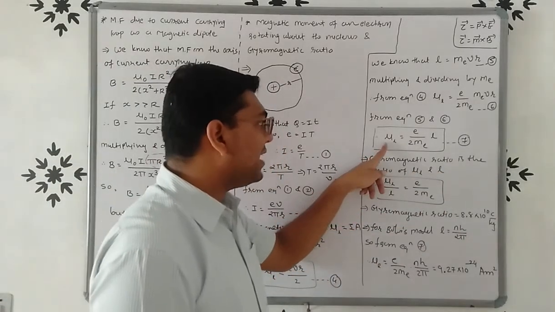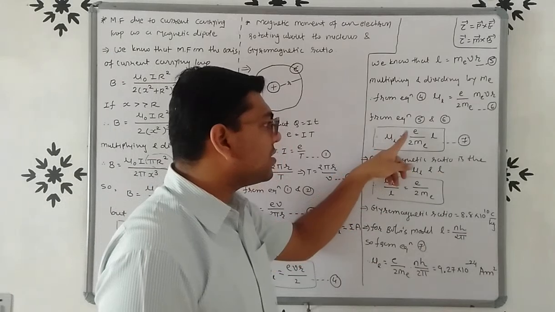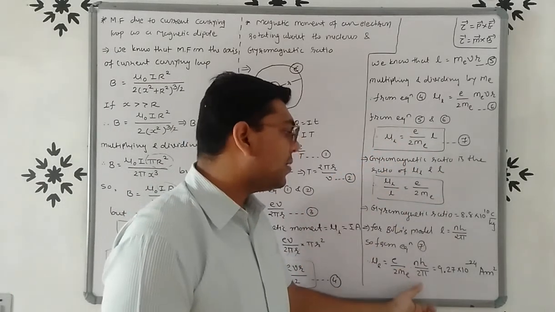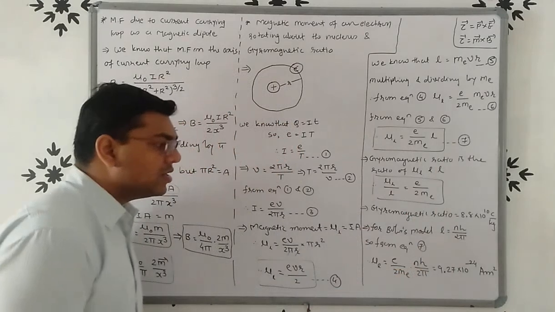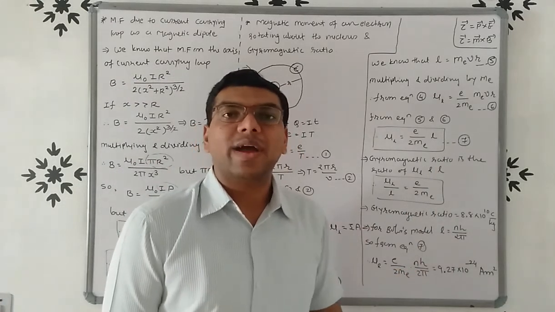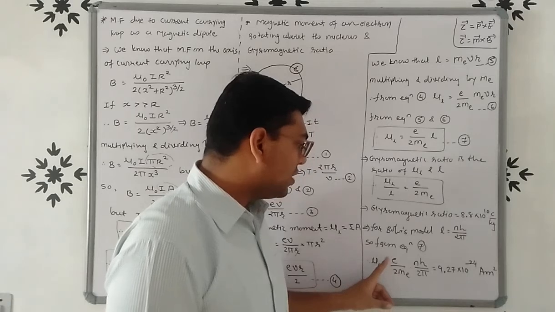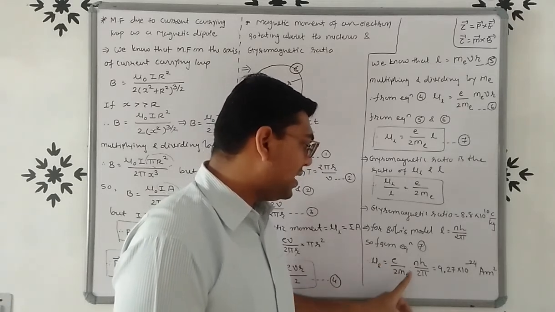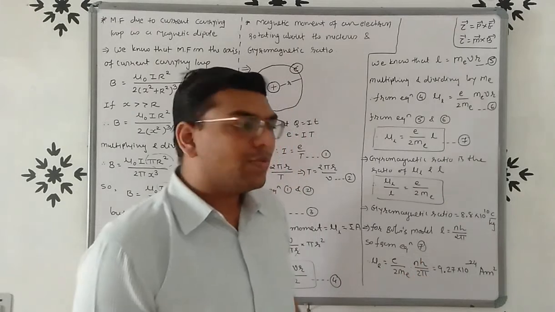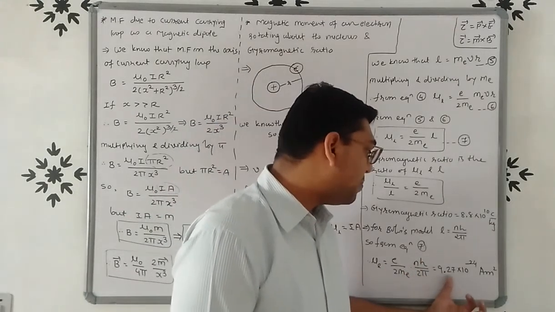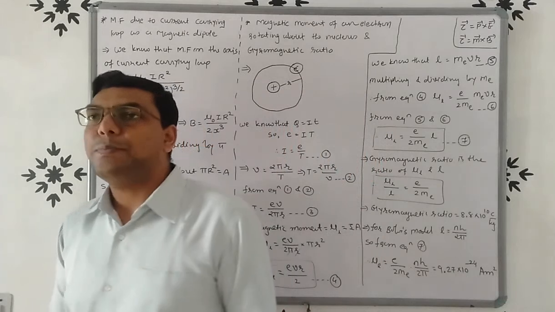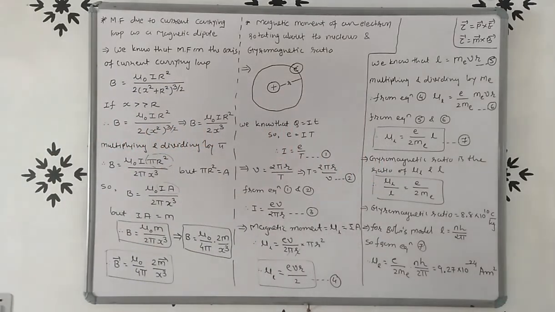So magnetic moment μ_L is equal to e by 2m_e, and the value of L is nh upon 2π. Right? So for first orbit, you put n equal to 1. If you put the value of e, m_e, n, h and π and calculate it, then you will get magnetic moment 9.27 × 10^-24 ampere meter square.